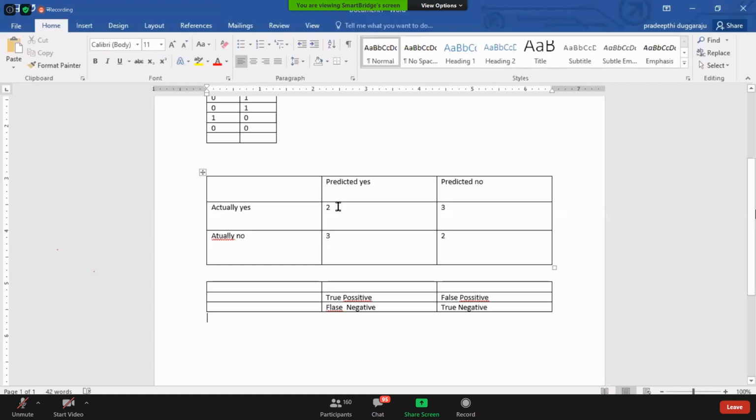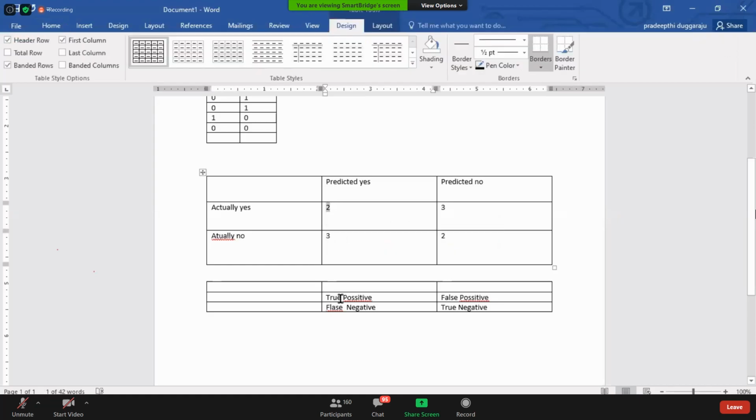Now these are true predictions, so that's the reason it is said as true. As these are false predictions, these are denoted as false. Now this is also a false prediction, so false negative. This is a true prediction, so this is a true negative.